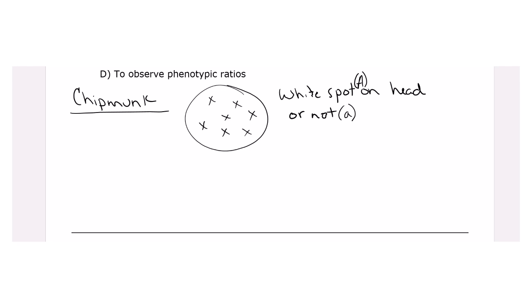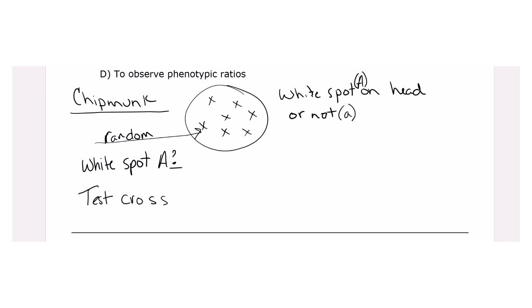Okay, so we randomly select a chipmunk, this one, by random. It has a white spot. We want to figure out its genotype. What would we do to figure out its genotype? So we know it's A something, right? Okay, so we're going to do a test cross. Does that make sense?